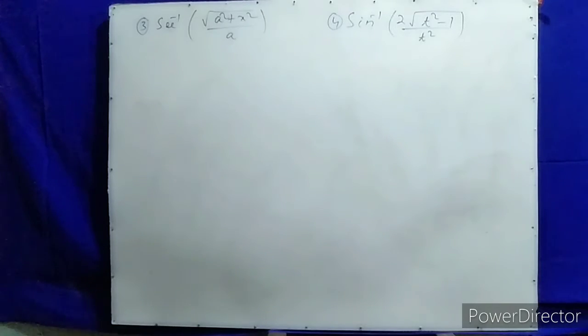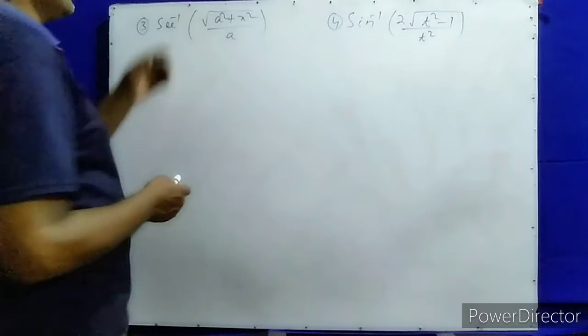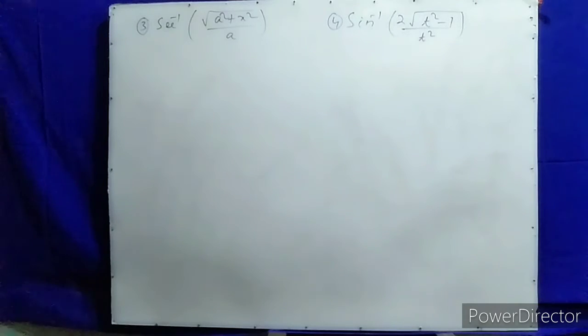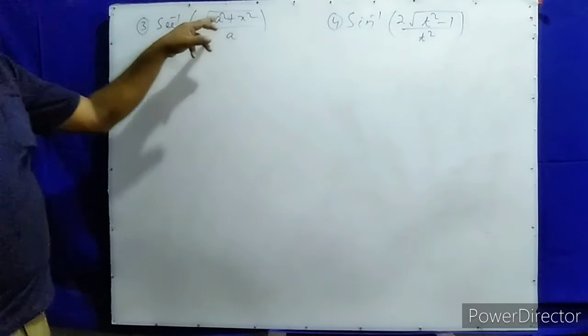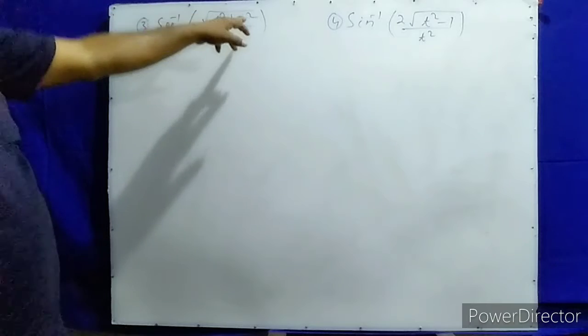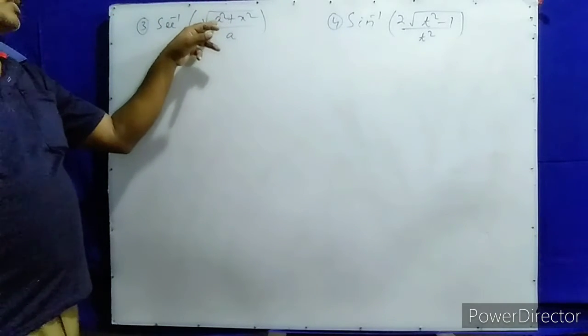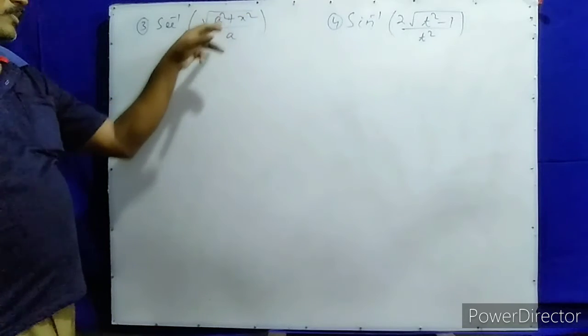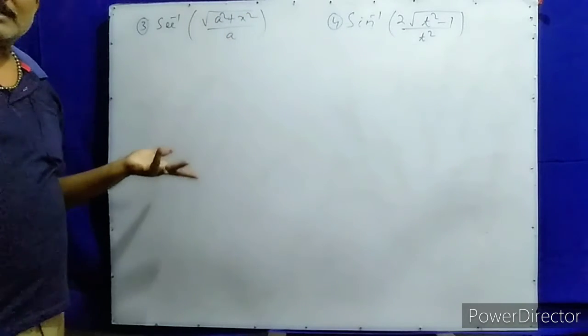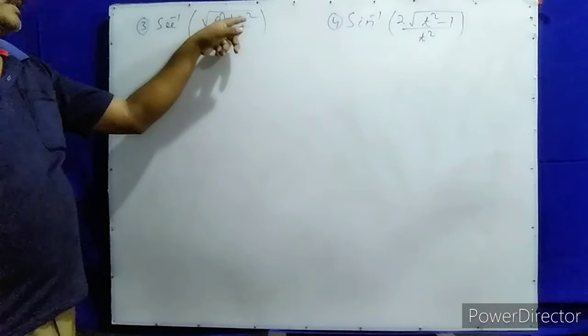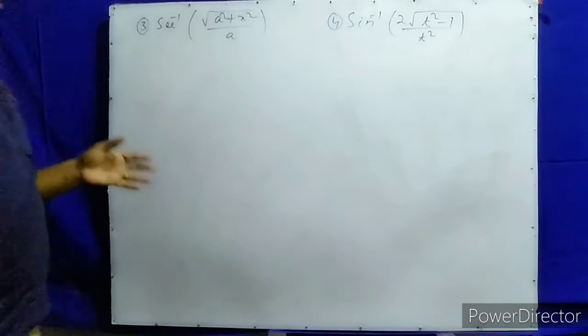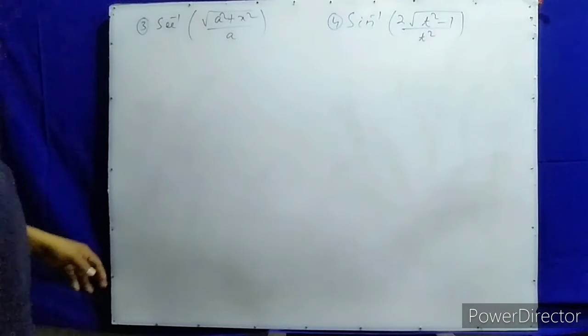So here are the other two problems, problem number 3 and problem number 4. In this case I have root over a square plus x square. If it is 1 plus x square, then instead of x you take tan theta. But here a square plus x square is there.